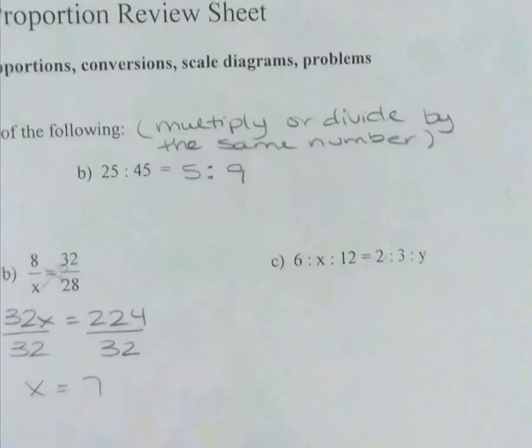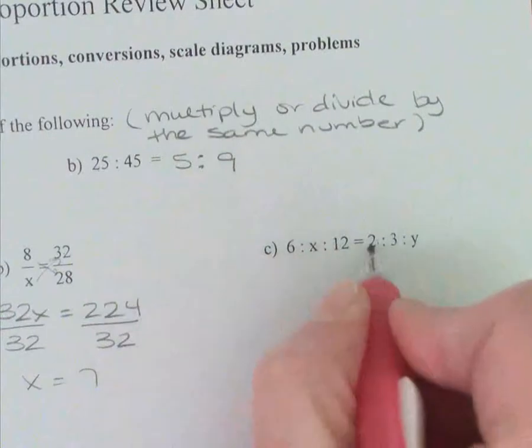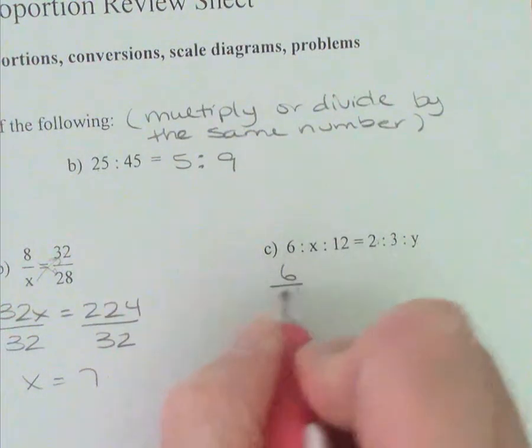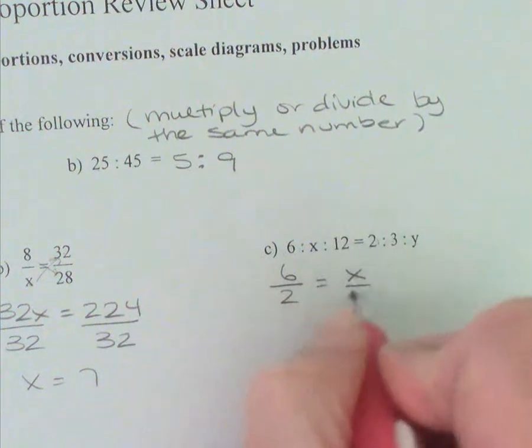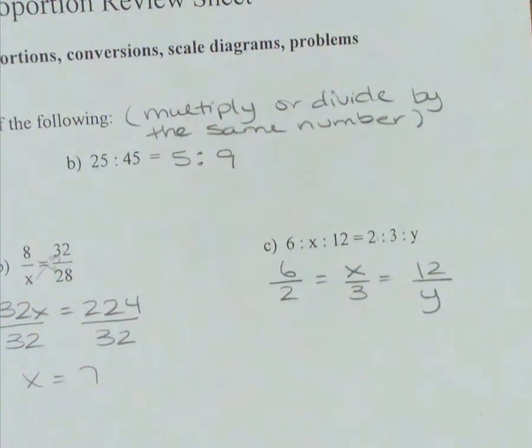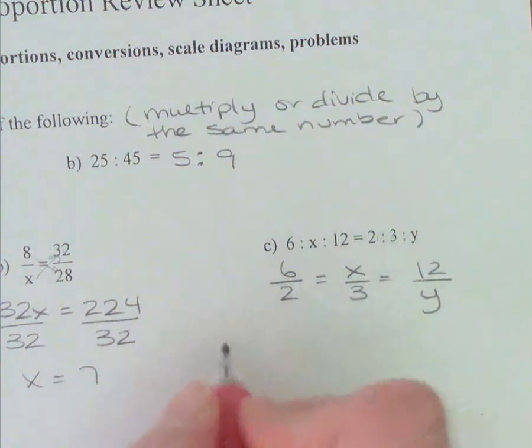Same idea here. I'm going to do 1 over 1, 2 over 2, 3 over 3. So I have 6 over 2, x over 3, 12 over y. So in this case, I don't know x and I don't know y, but I do know 6 over 2. So what I'm going to do is set it up as two different questions.